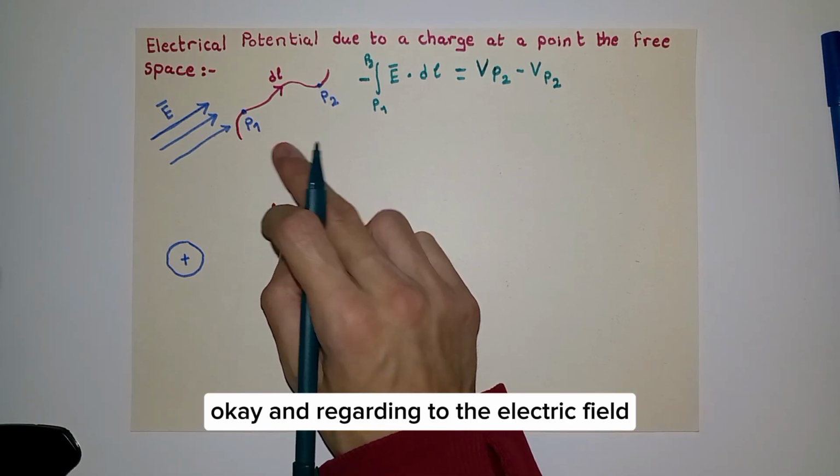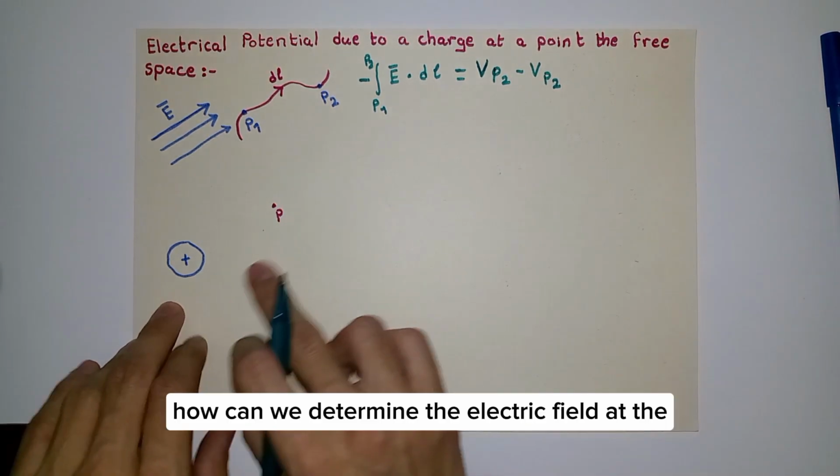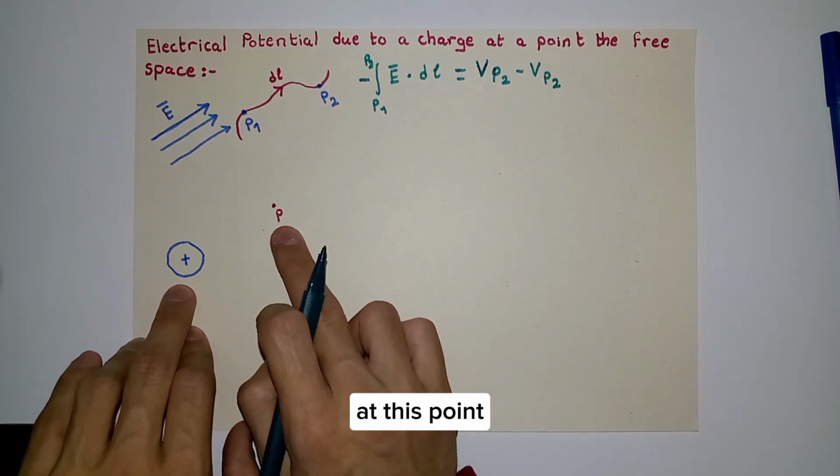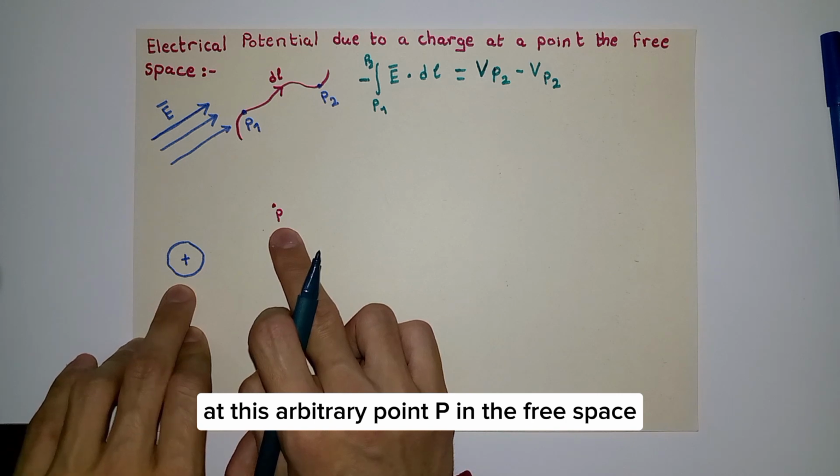And regarding the electric field, how can we determine the electric field at this arbitrary point P in the free space?